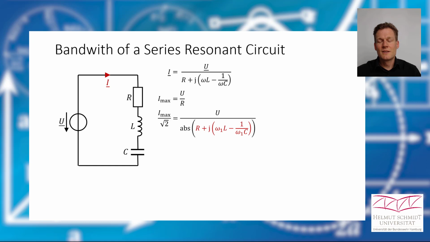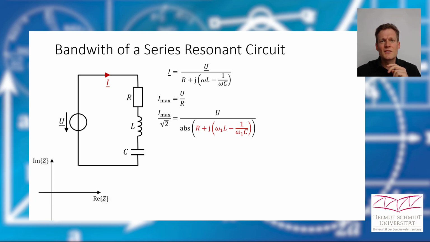So what we need is our equation again, and we want to have a look at the absolute values, and therefore we take the absolute value of our impedance. And now let's think. The absolute value of the impedance has to be bigger than R by the factor square root of 2. How could we have that?